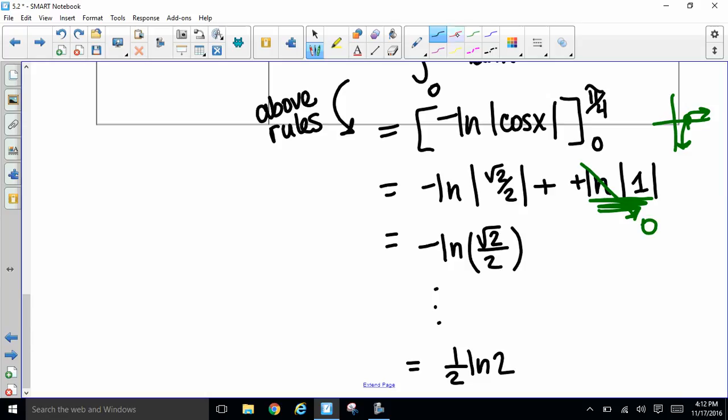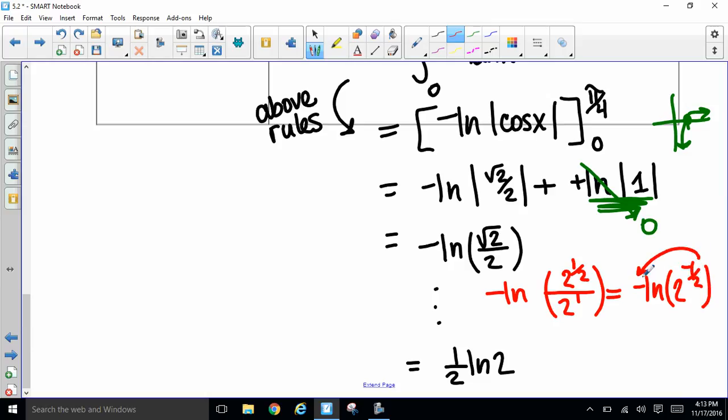What you can do to get from there to there is think about this as negative natural log of 2 to the half over 2 to the first. Then exponent rules tell you to subtract exponents but keep the bases the same. So that'd be 2 to the minus half. And then I could move the exponent in front, and I already have a negative times another negative. I could get there. There are tons of ways you can do this.